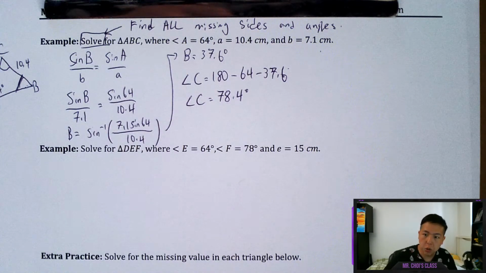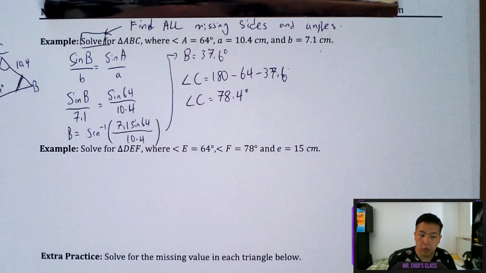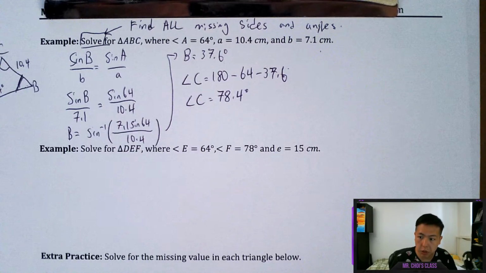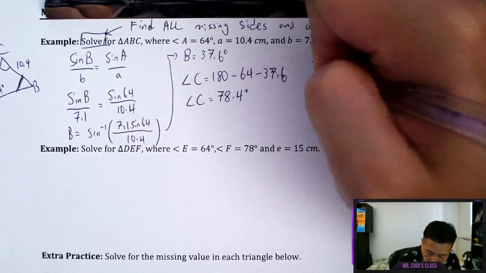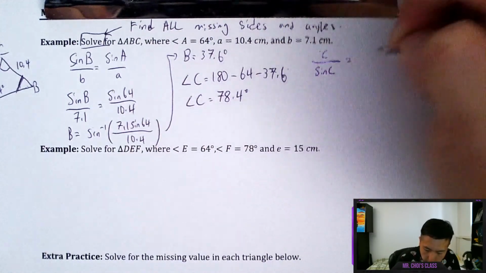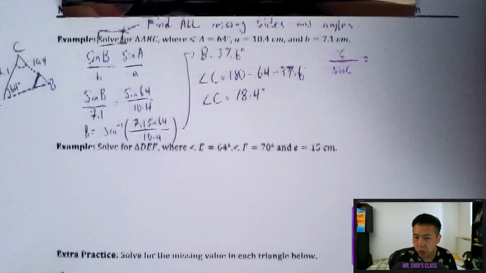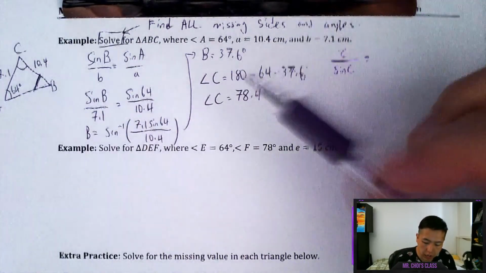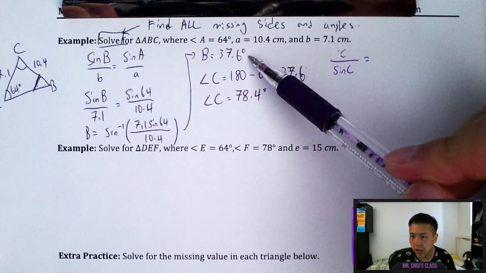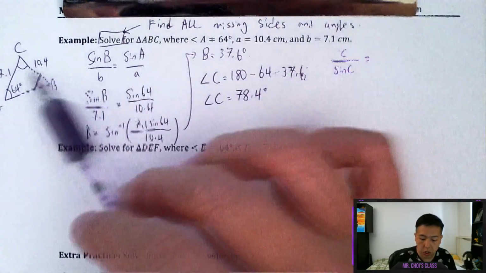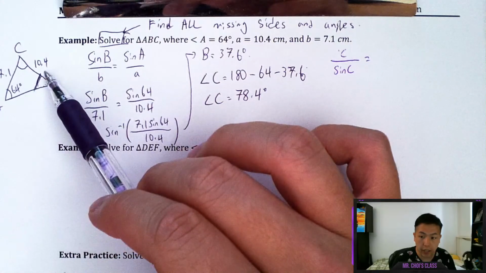Okay, so we've solved angle B. We were going to solve angle C, which we did, and now we're going to solve side C. So c over sine C, and we're going to use what we know from the beginning. We're not going to use angle B and side b because we solved for angle B. We want to make sure we have minimal mistakes, so we're going to go back and use side a.